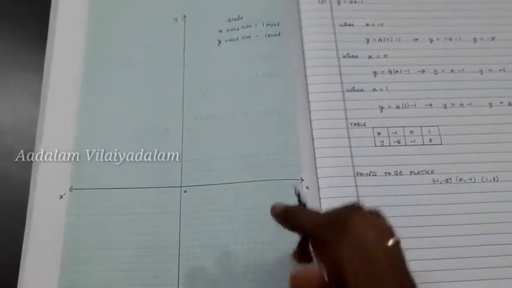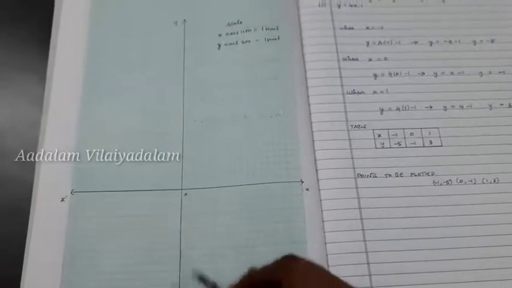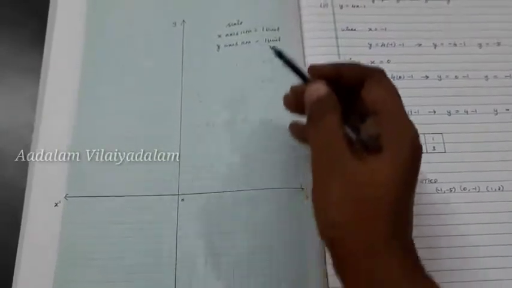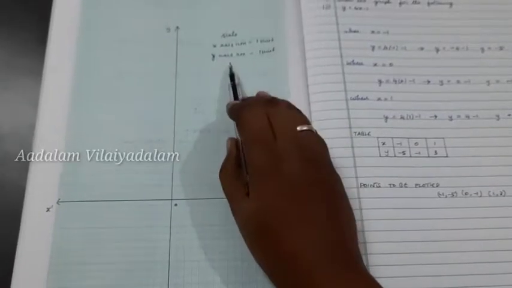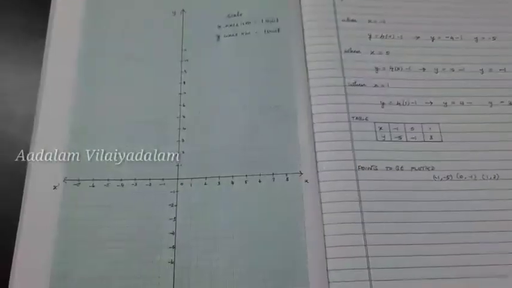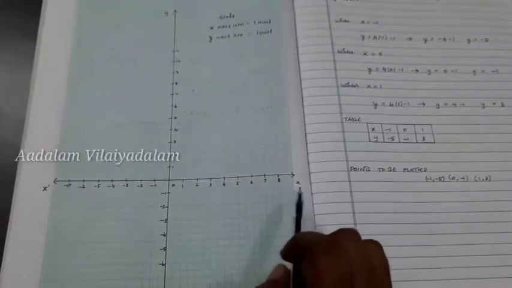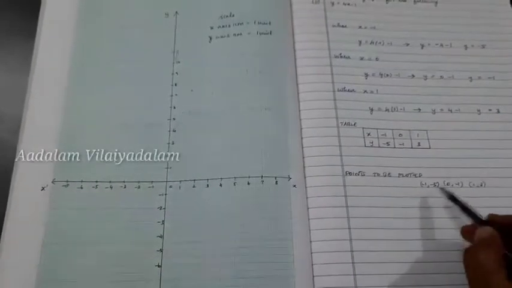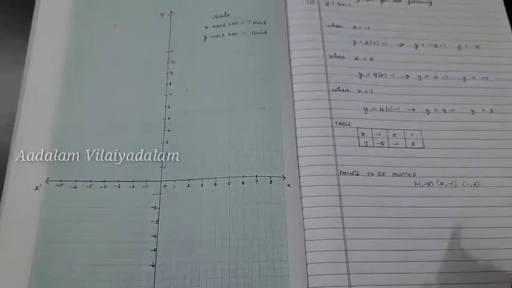Let us plot the graph, that is x origin x dash, y origin y dash. For the scale, x-axis 1 centimeter equal to 1 unit, y-axis 1 centimeter equal to 1 unit. Now let us plot the points: minus 1 comma minus 5, 0 comma minus 1, 1 comma 3.